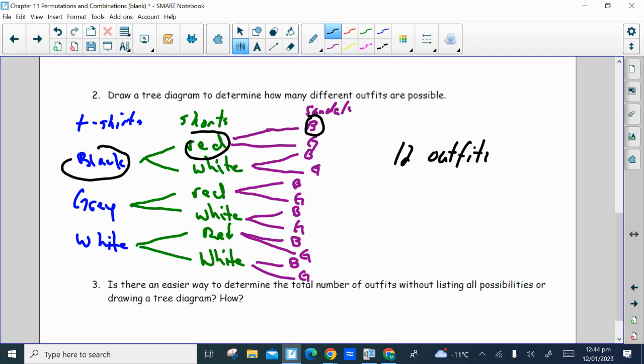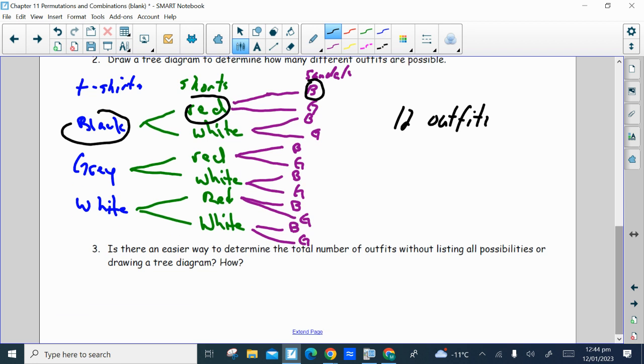So the tree diagram works. Takes a bit of time and a bit of room, but it works. But there is another way without listing all the possibilities or drawing a tree diagram. And if you think about it, there were 3 choices for t-shirts. There were 2 choices for shorts.